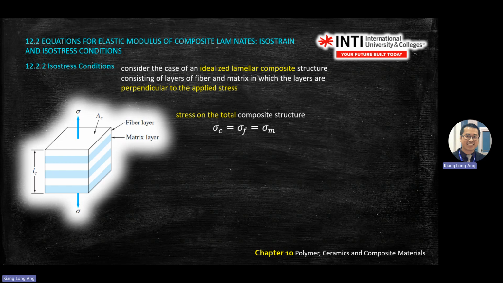The orientation of the laminate layer is different. So always read carefully what is the scenario you have for the composite, either isostrain or isostress. Then they will ask you in section C to propose what is the better lamination method, either isostrain or isostress.